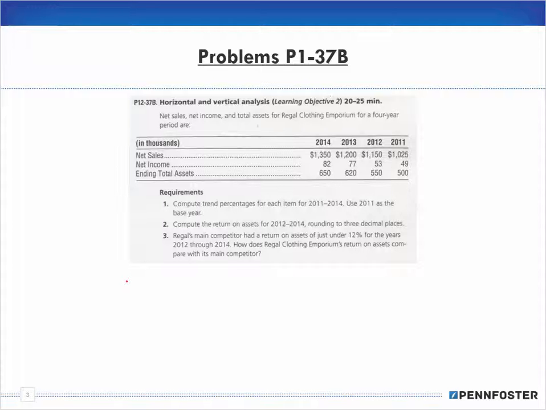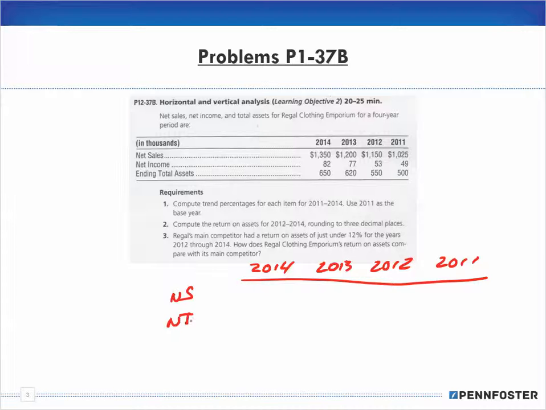So let's see here. All right. We need to compute the trend percentages for each of these items: 2014, 2013, 2012, and 2011. We have net sales, net income, and ending total assets, right?